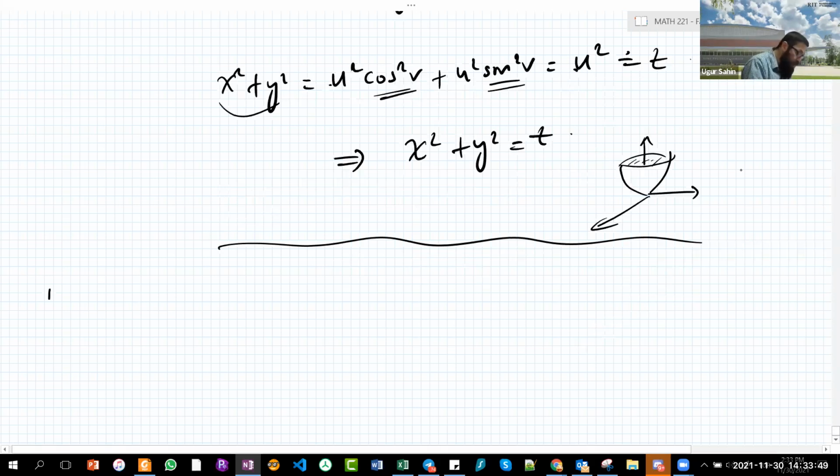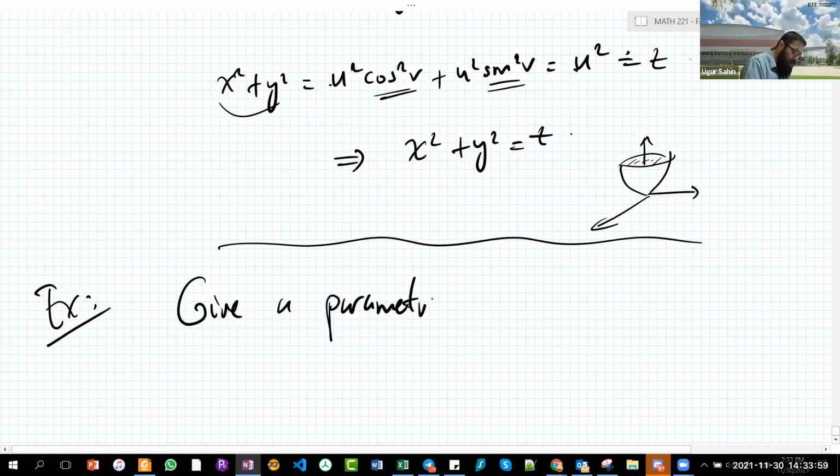One more example. This time, I'm asking the other way around. Give a parameterization of the cone.